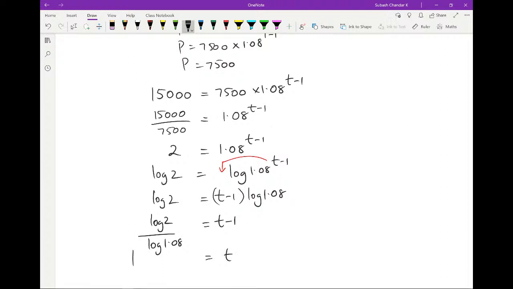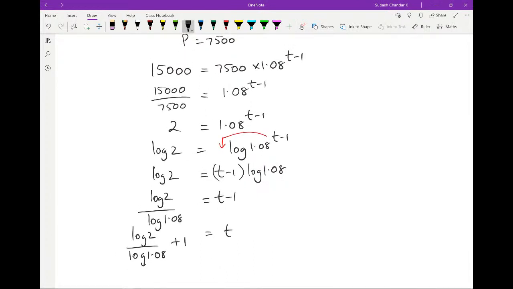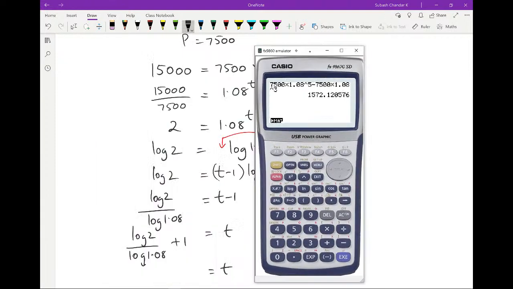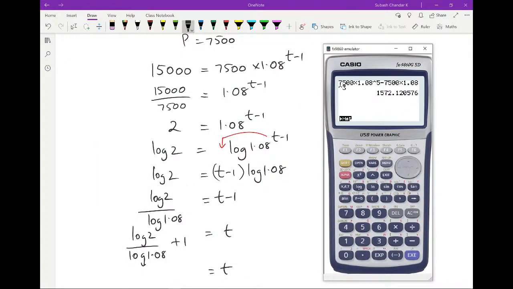And of course, don't forget to bring the 1 to the other side, and this gives you what your t is. So you've got log 2 divided by log 1.08 plus 1. So it's about 10.006 years.